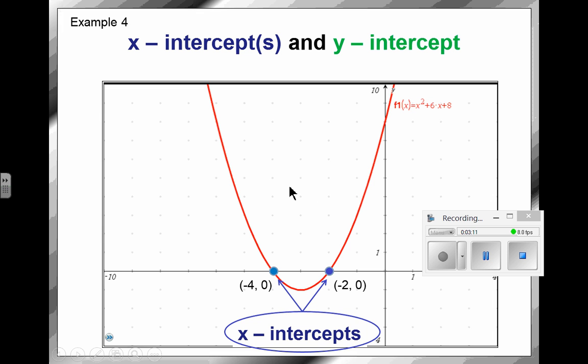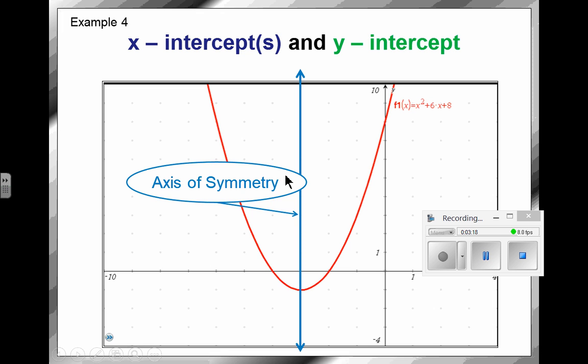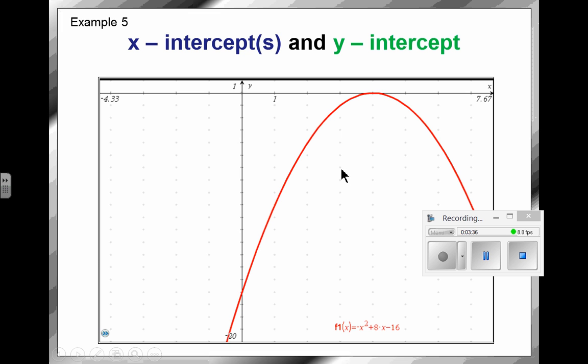We call those zeros, solutions, or x-intercepts, and there are 2 solutions to that quadratic. The axis of symmetry always goes through the vertex. That's important to know: the vertex is always on the axis of symmetry.